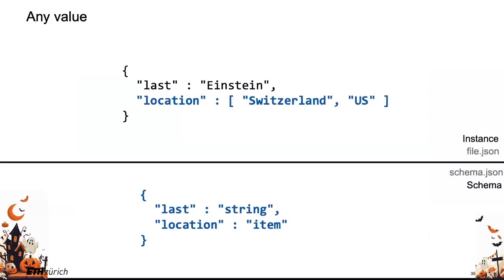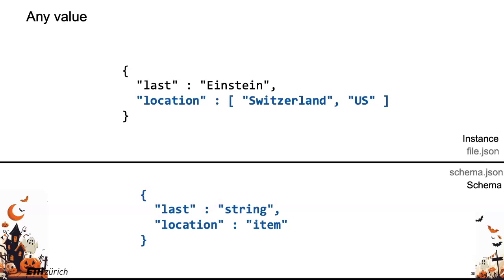Now, do you remember that yesterday I told you that even when a document is not really structured, for example, there was an array that was heterogeneous. There was a string, there was a Boolean, there was an object. And I told you technically in a schema, you could still say, I want an array of whatever.